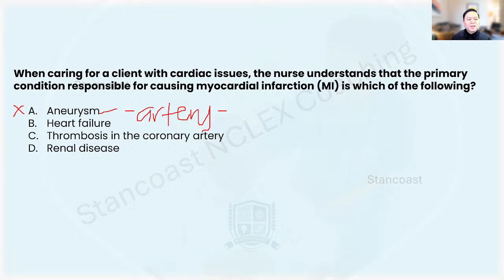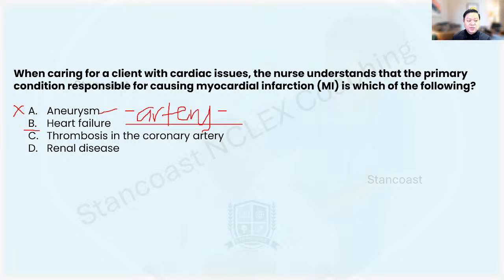Now, let's take a look into letter B, heart failure. How is that significant? Is it? Well, the heart failure basically is going to result from an MI. So it's the exact opposite. Heart failure doesn't really lead to MI, but it's the other way around. Myocardial infarction can lead to or will complicate into heart failure.